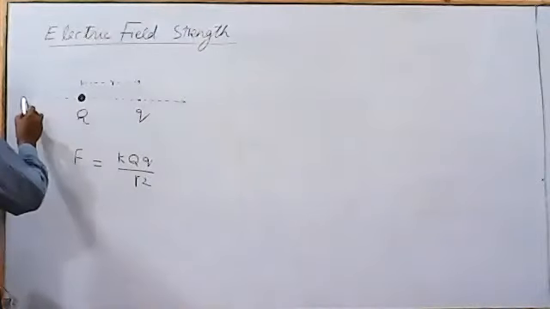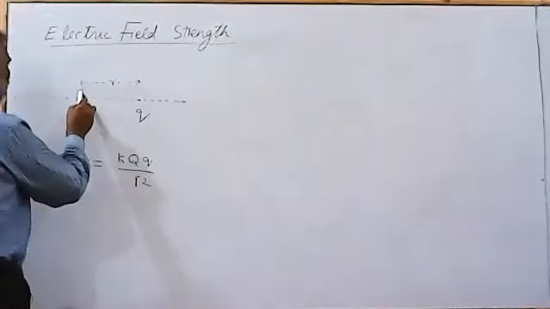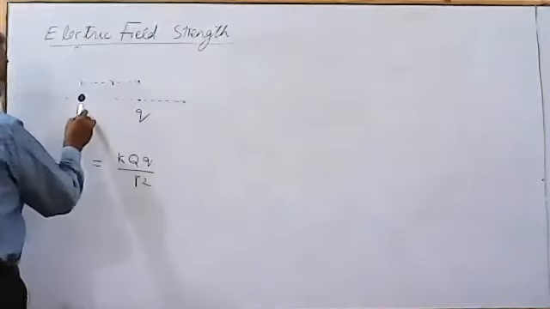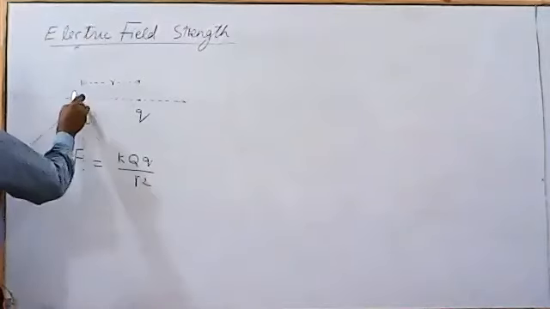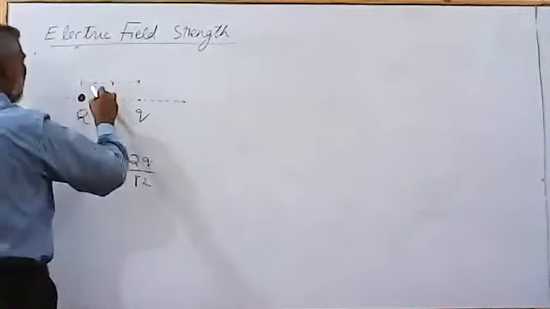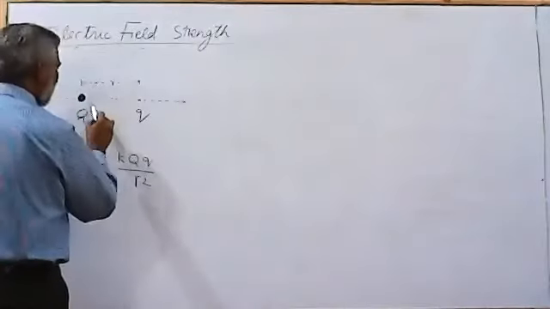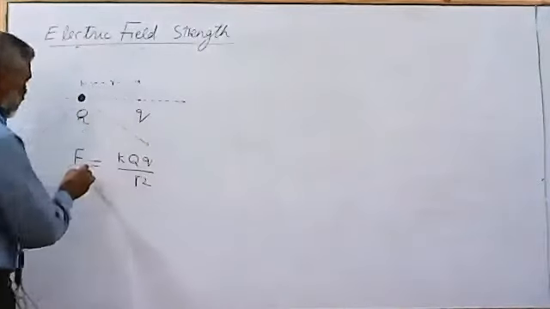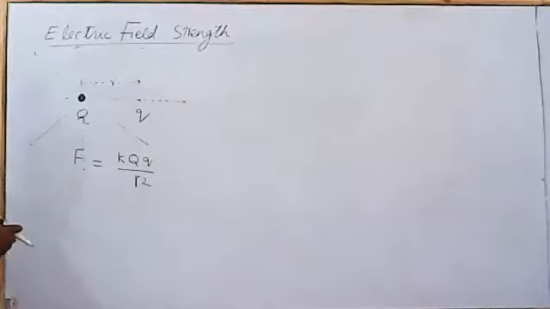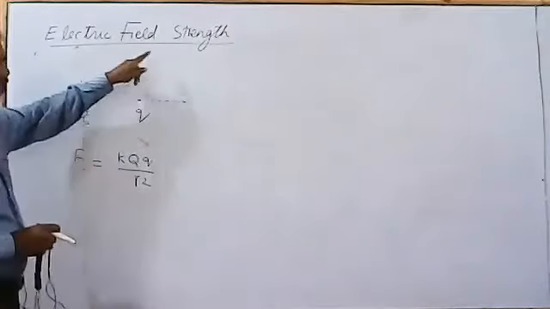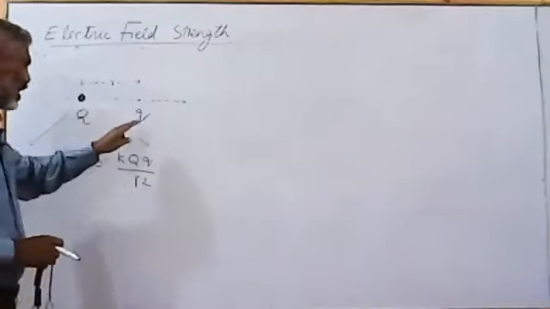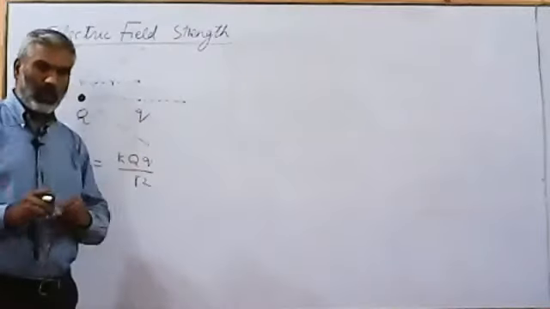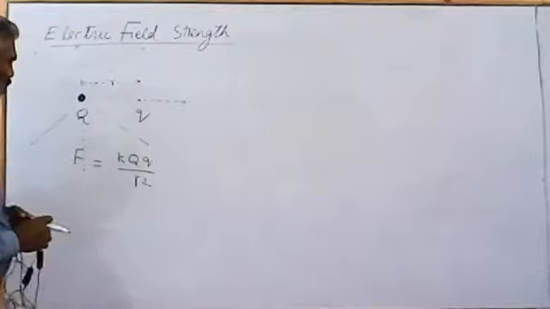If I assume that there is a field of this bigger charge, the region around it in which it has its influence over any charge that we bring into it, this force can be used to calculate the electric field strength exactly at this point where this charge small q is located.